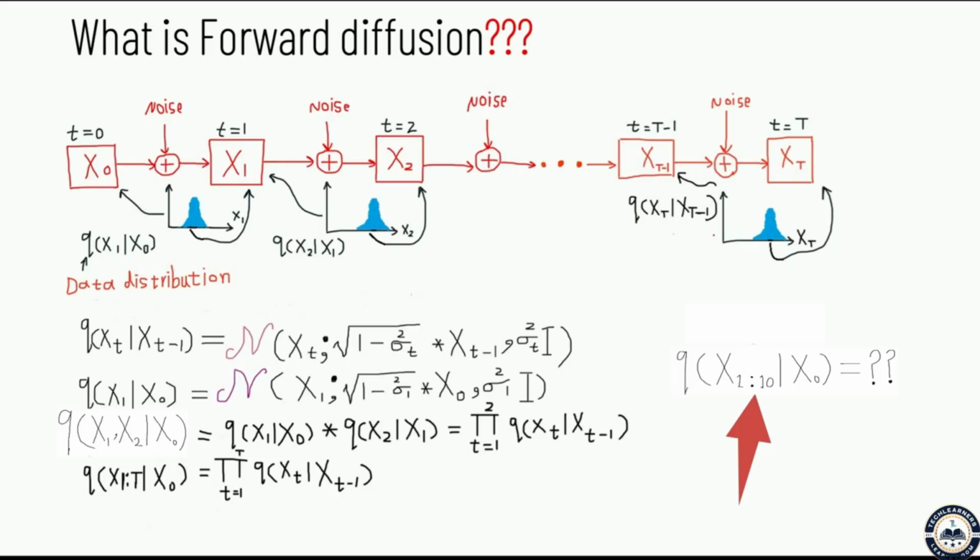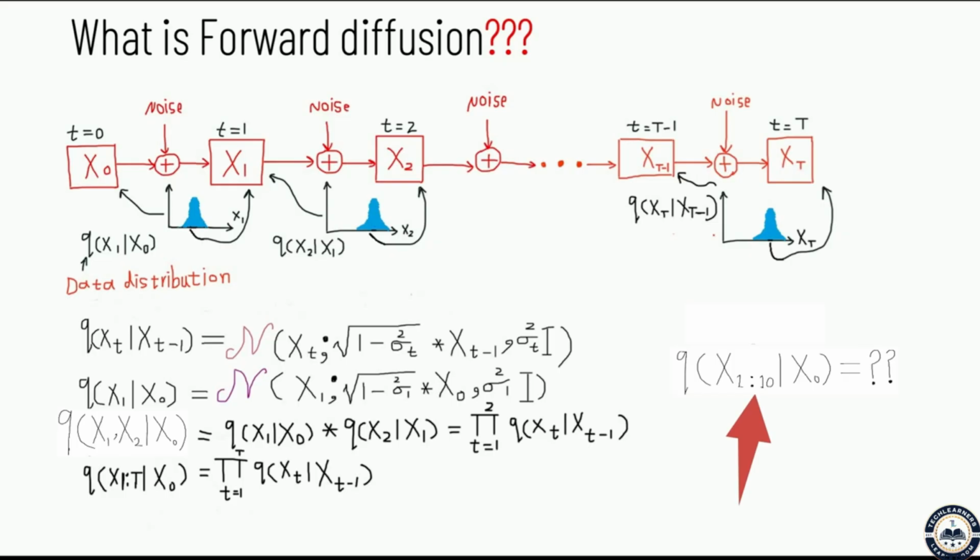Actually, it is computationally expensive, and we need to do integration to remove all the other variables from x1 to xt minus 1. Here in this case, we need to apply 9 integrals to remove the variables from x1 to x9.